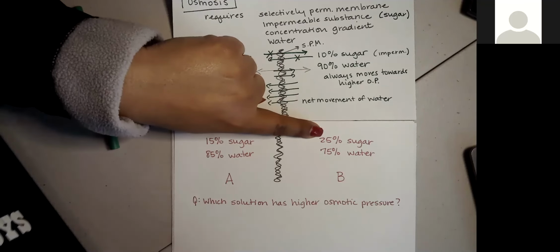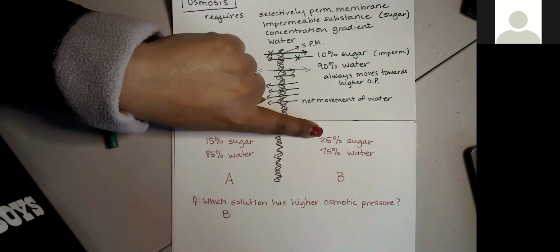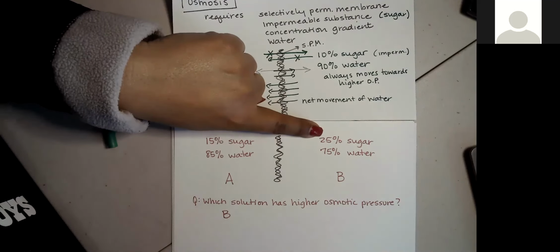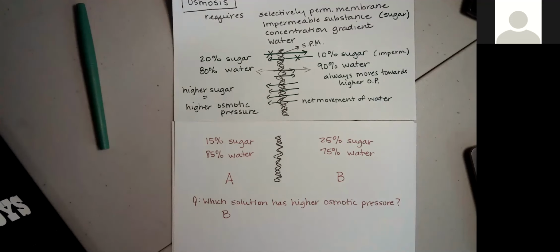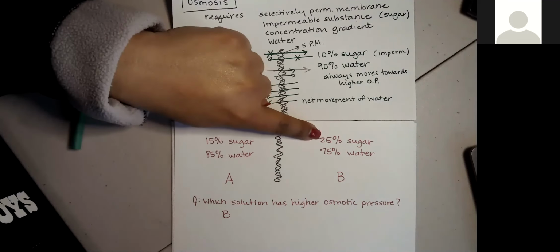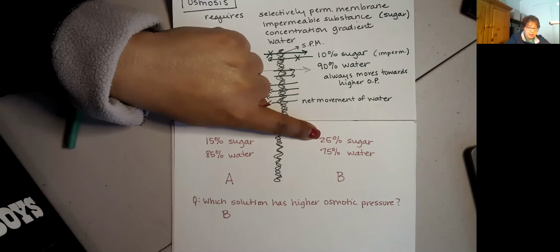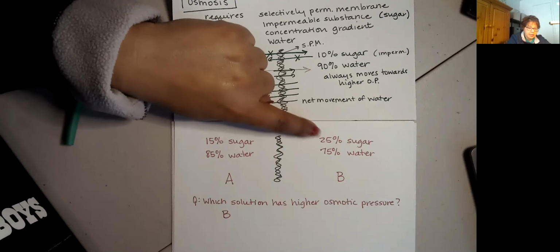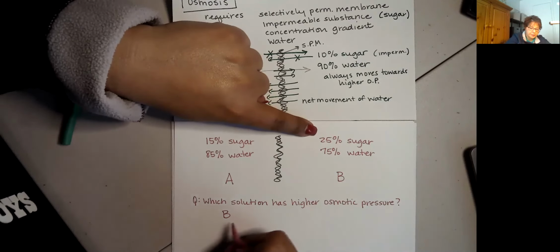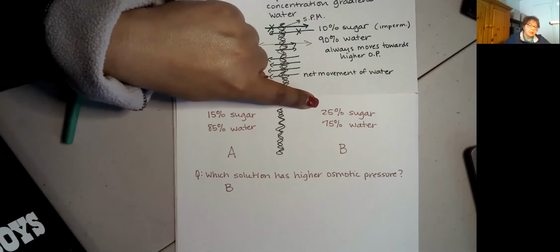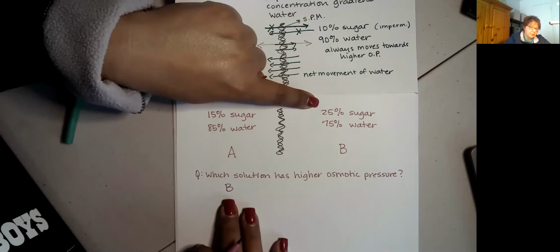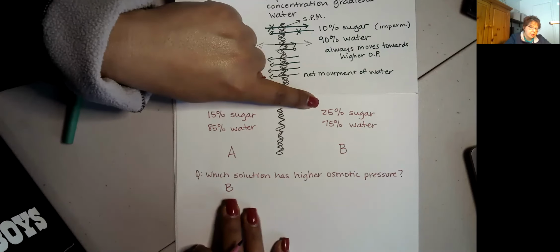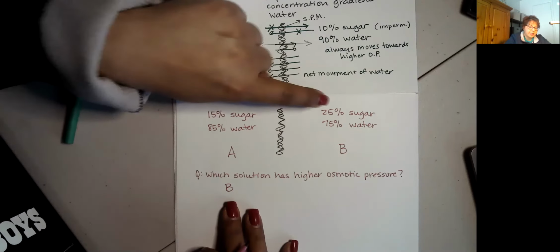Because 85% in solution A of water, wouldn't that dilute the sugar a little bit? Yes, but I just want to know why this one has higher osmotic pressure. If this was a quiz question, this would be the answer that you would look for as a multiple choice answer. B has a higher osmotic pressure because it has more what?